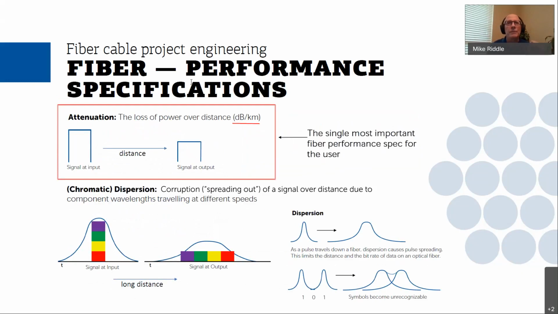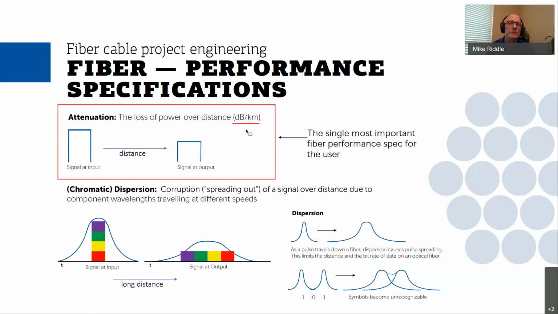Fiber itself could be and will be the subject of its own webinar. So today I just want to hit the one performance specification that's the most important one for users of OPGW, and that's attenuation. Attenuation is loss of power over distance, and it's expressed in dB per kilometer, or really dB per unit length.